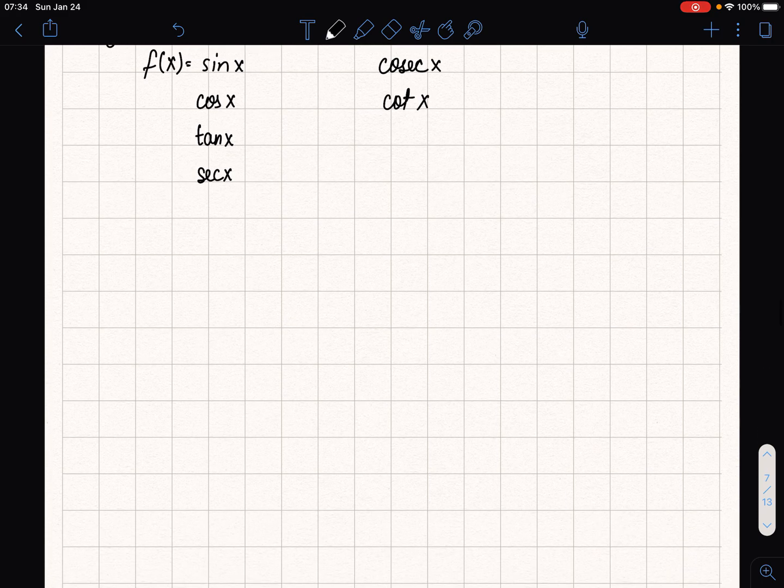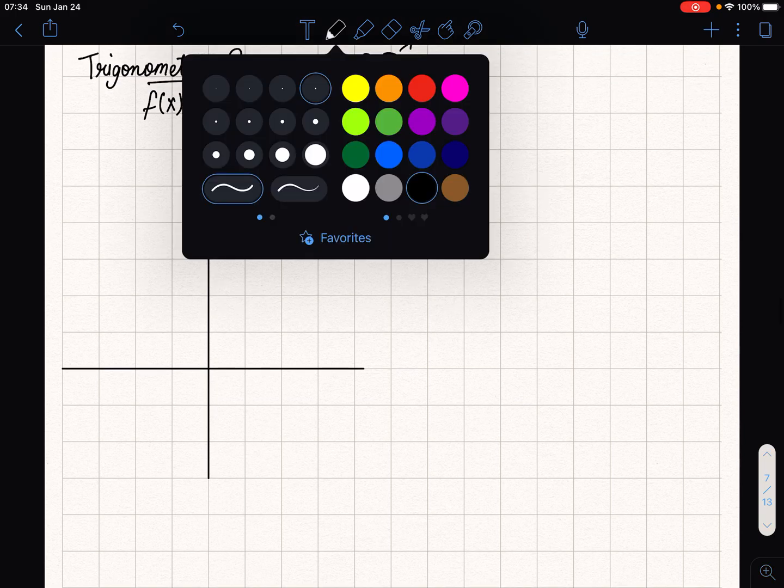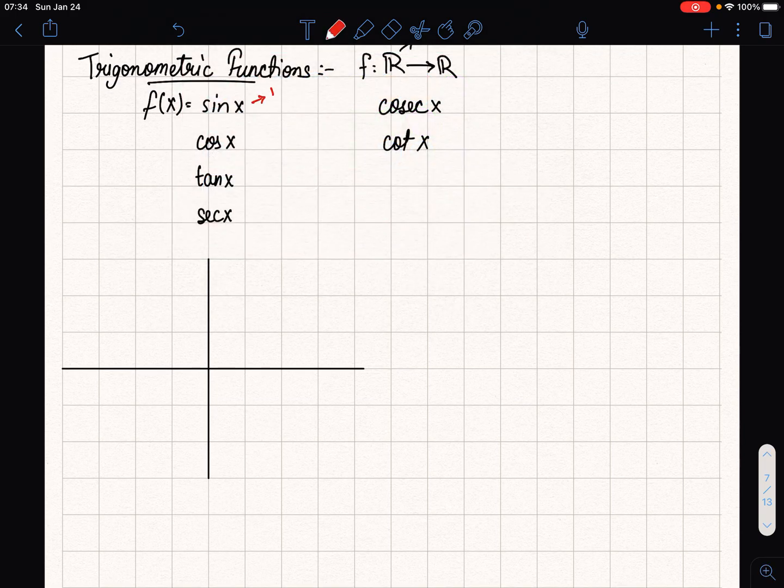The first one is the sine function. The sine function has the domain all real numbers, while the range is -1 comma 1.